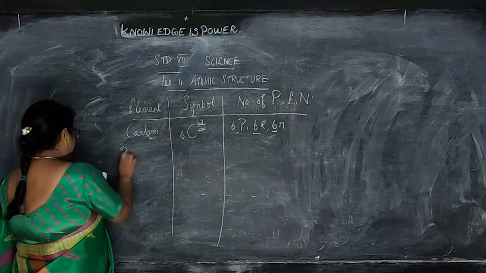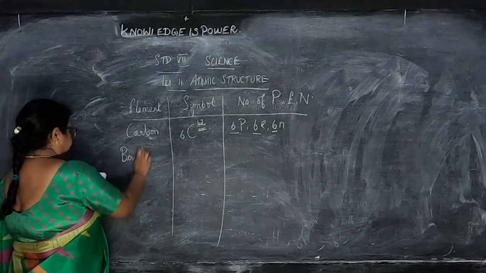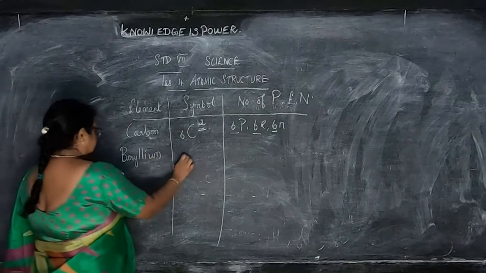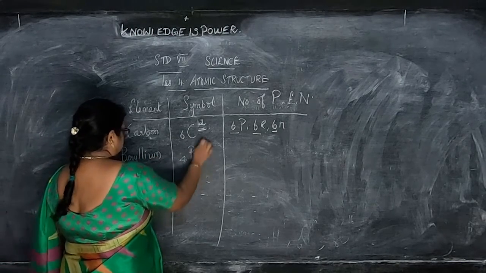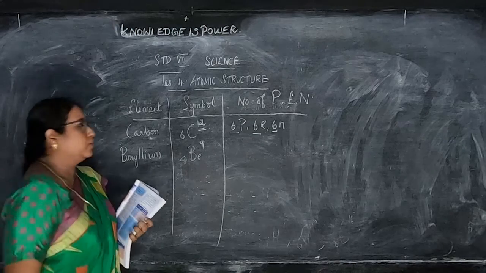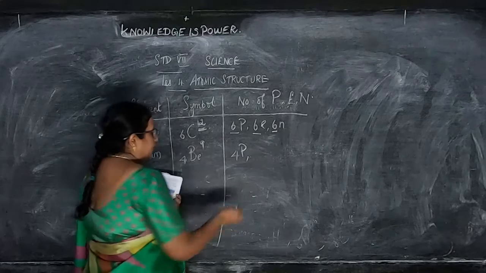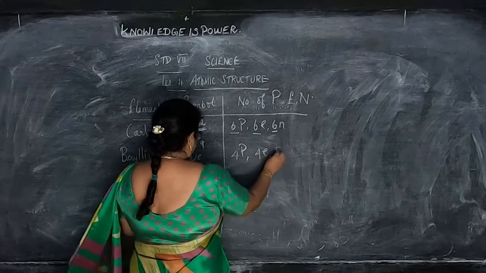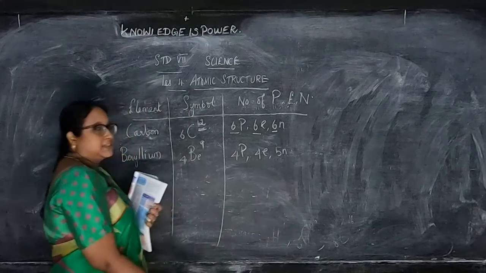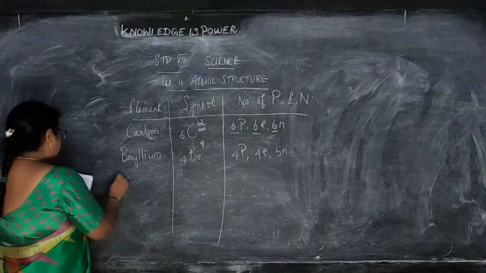The next is beryllium, symbol 4Be9. Here 4 is protons, and 9 is divided into 4 electrons and 5 neutrons.